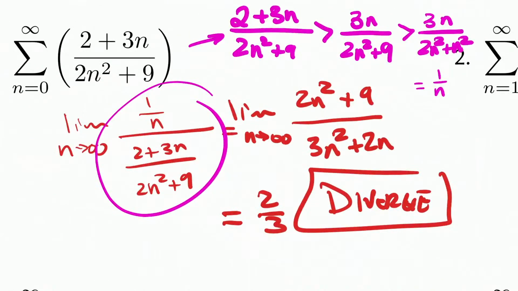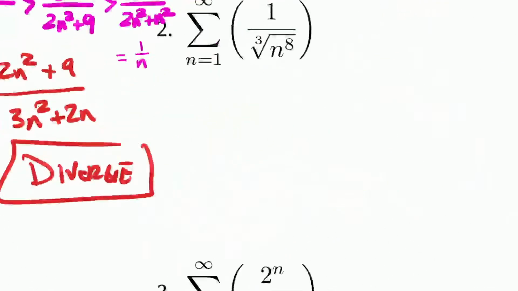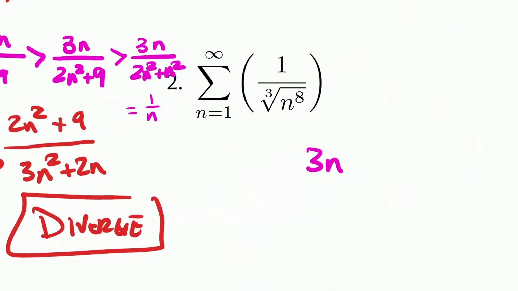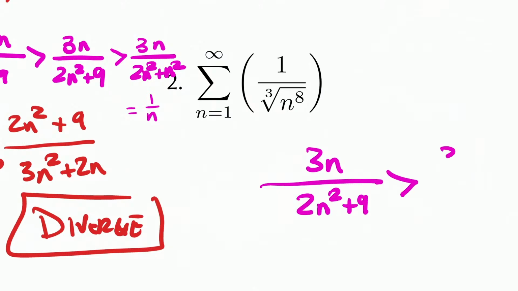I find that I generally will default to a limit comparison only because then I don't have to worry about those nasty inequalities, because if you write down something that is false, I will mark it wrong. So for example, if you do this, let me just show you. 3n over 2n squared plus 9 is greater than 3n over 2n squared.